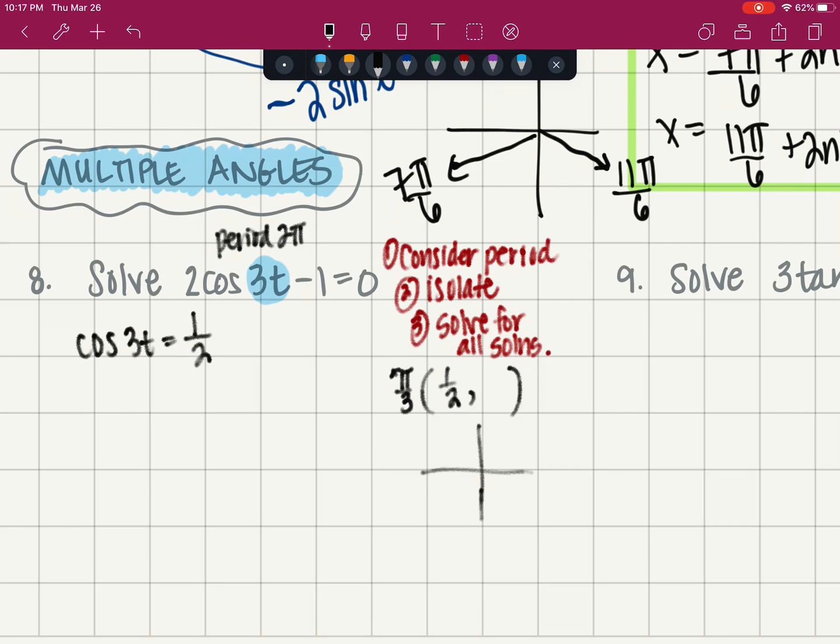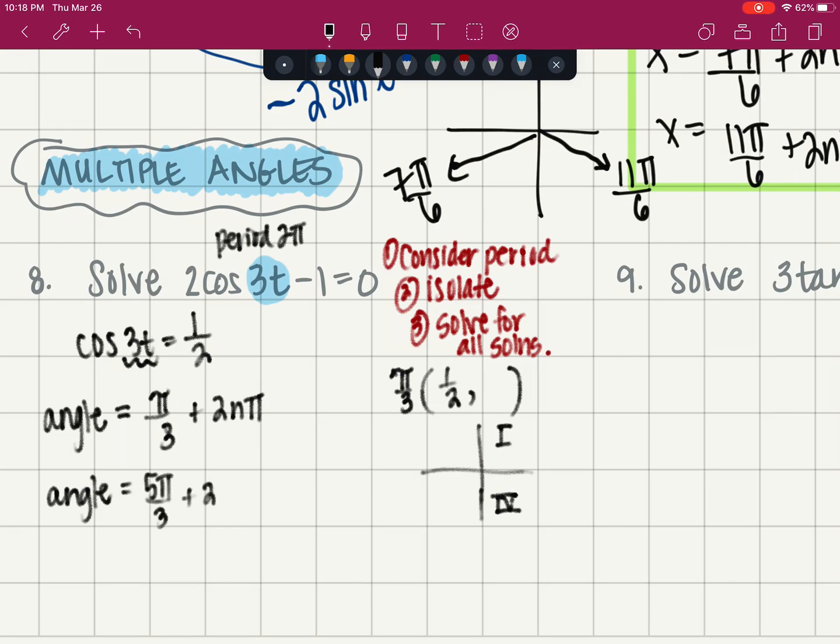So when we're talking about a period of 2 pi, we're talking about all 4 quadrants. We've got a positive 1/2 in quadrant 1, and also we'll have a positive 1/2 in quadrant 4, because the x value is positive, right? So that tells us that our angle is equal to pi over 3 plus 2n pi, and our angle is also equal to 5 pi over 3 plus 2n pi.